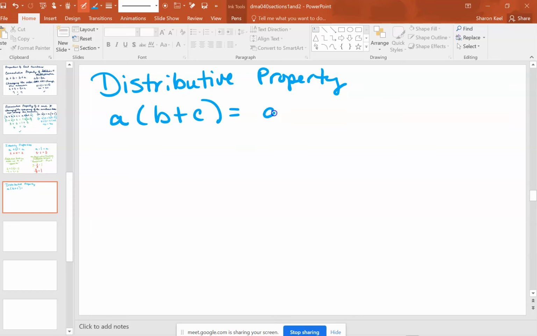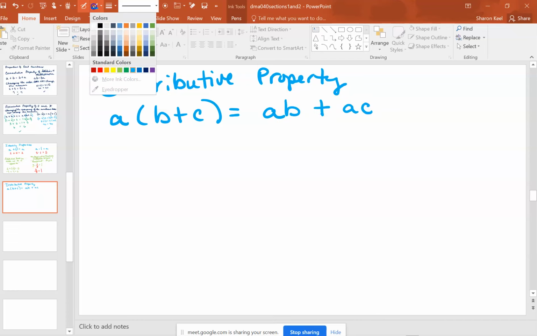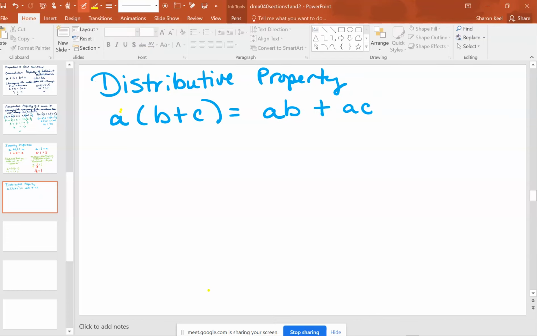What that means is we're going to multiply the value in front times what's inside the parenthesis. So in other words, we're going to multiply the A times the B, and we're going to multiply the A times the C. That gives me the AB and then the AC.